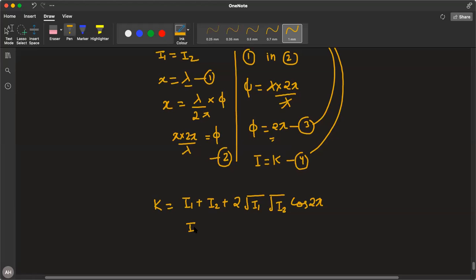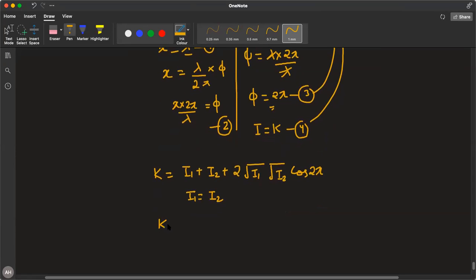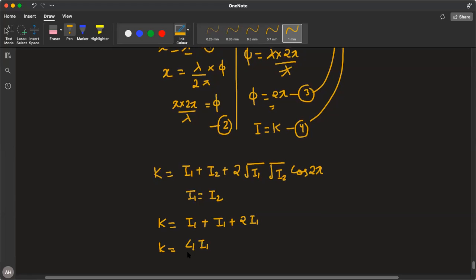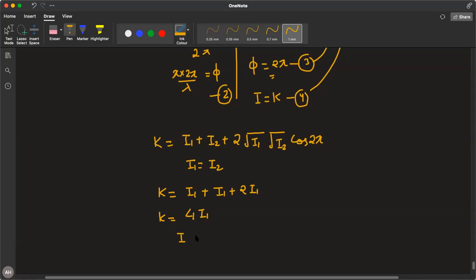And I1 is equal to I2, so instead of I2, I can substitute I1 here. So I get k is I1 plus 2 root I1 root I1, cos 2 pi is 1. So you can write k is 4I1. So I can write I1 is k by 4.